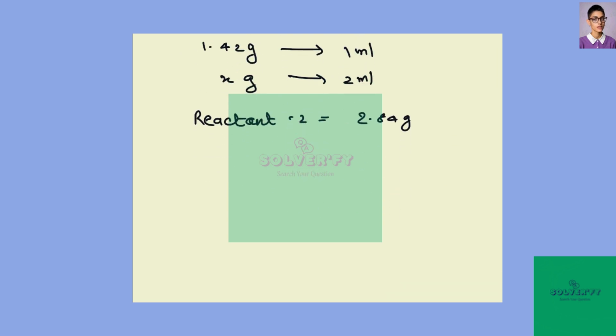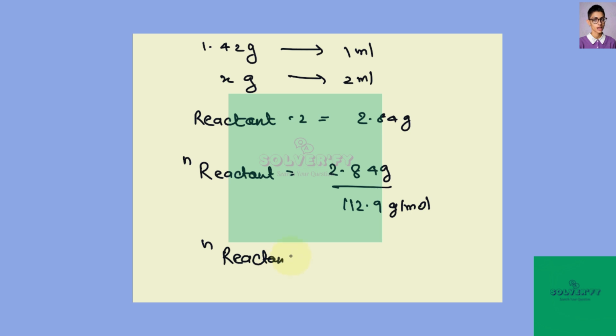Now we will find out the number of moles of reactant 2. So number of moles of reactant 2 is equal to its given mass 2.84 gram divided by its molar mass, that is 112.9 gram per mole. Calculating for this, we have number of moles of reactant 2 is equal to 0.0251.